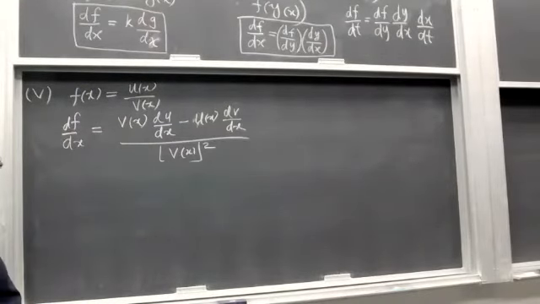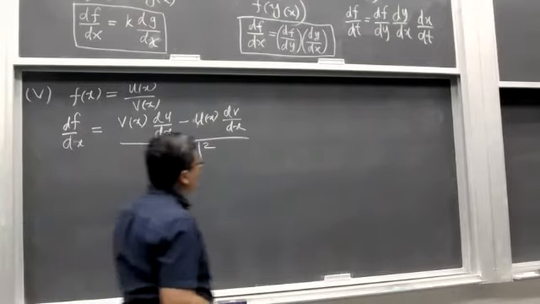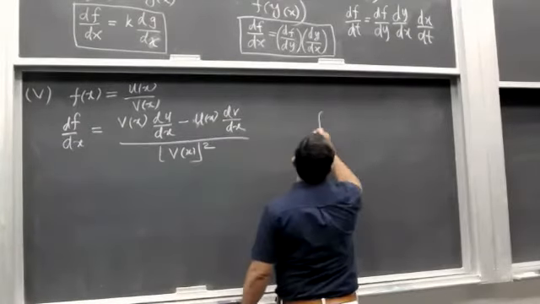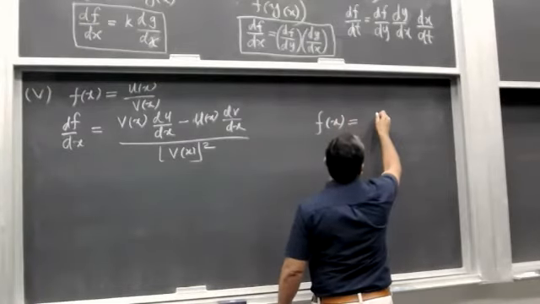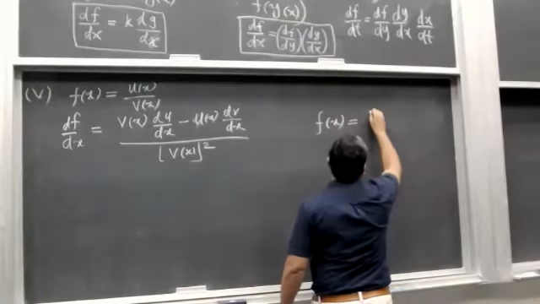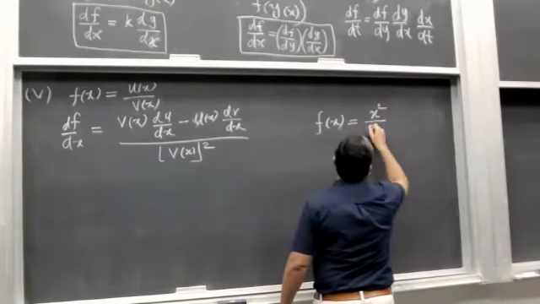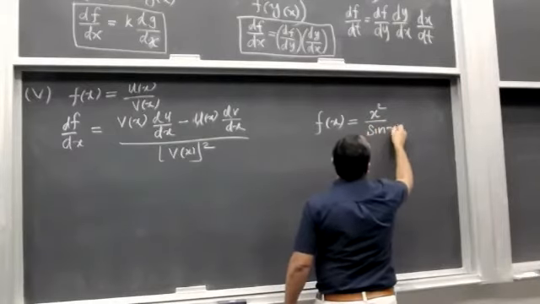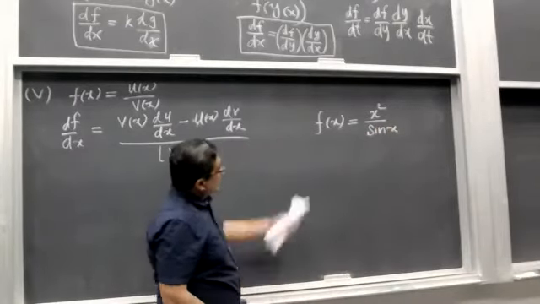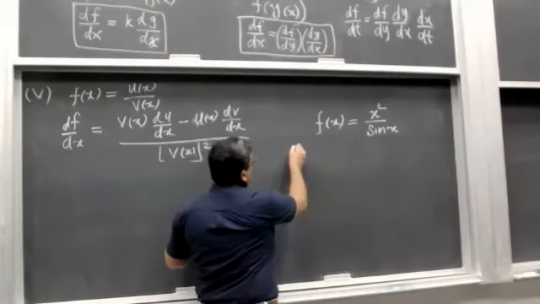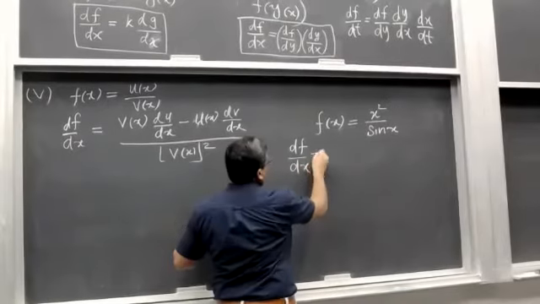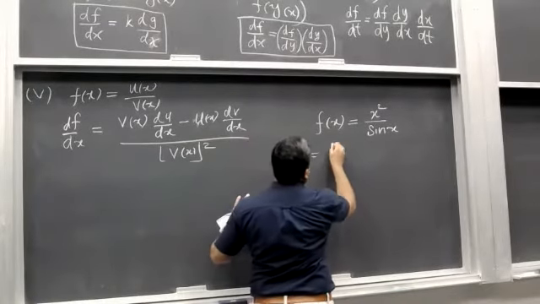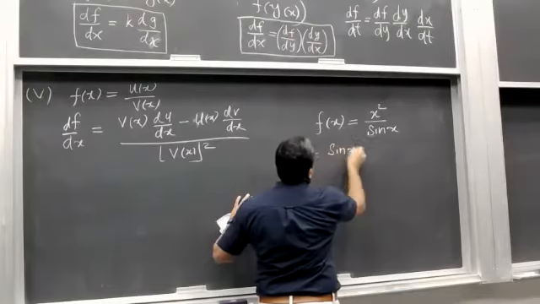So if you have, let's say, a function that looks like x squared over sine x, okay? And if you want to calculate the derivative of this function with respect to x, this is what the derivative would look like. I'm applying this rule.